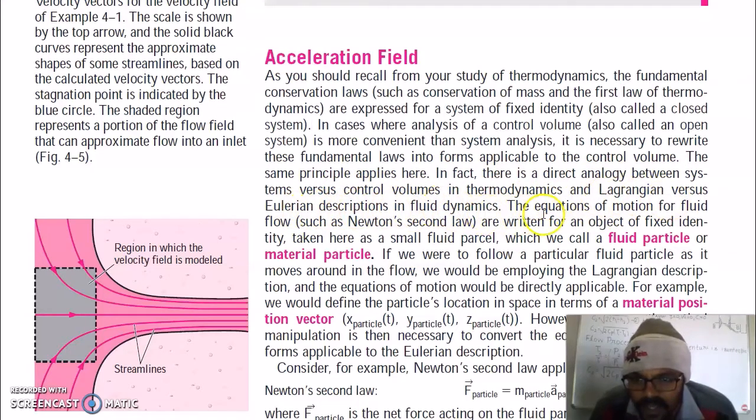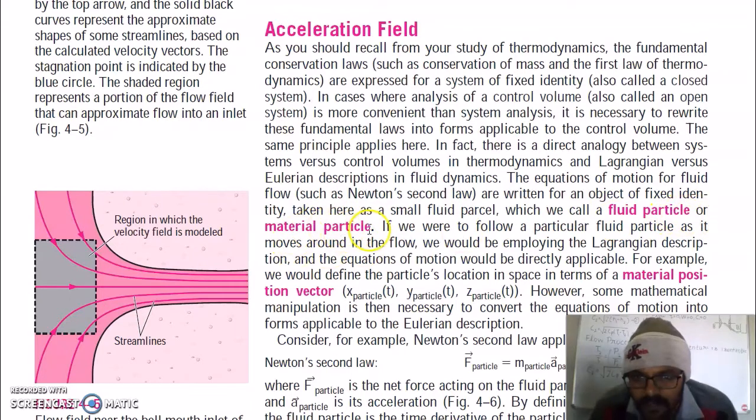In fact, there is a direct analogy between systems versus control volume in thermodynamics and Lagrangian versus Eulerian description in fluid dynamics. The equations of motion for fluid flow, such as Newton's second law, are written for an object of a fixed identity, taken here as a small fluid parcel, which we call a fluid particle or material particle. If we were to follow a fluid particle as it moves around in the flow, we would be employing the Lagrangian description and equations of motion would be directly applicable.